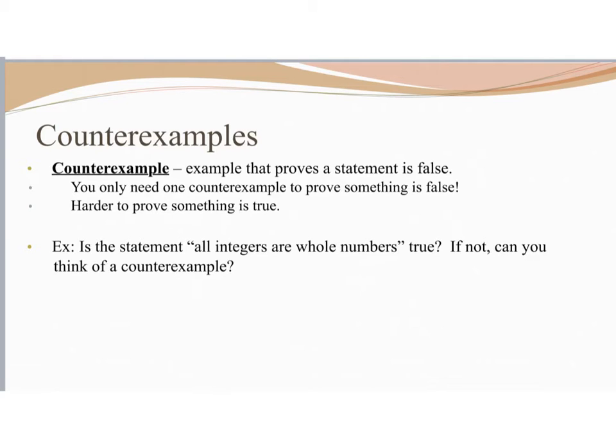So if we look at the example, it says, is this statement true: all integers are whole numbers? If it's not, let's think of a counterexample. As I think this one out, I know numbers like 1, 2, 3 are considered whole numbers. I can include 0 as a whole number, and that's still an integer.